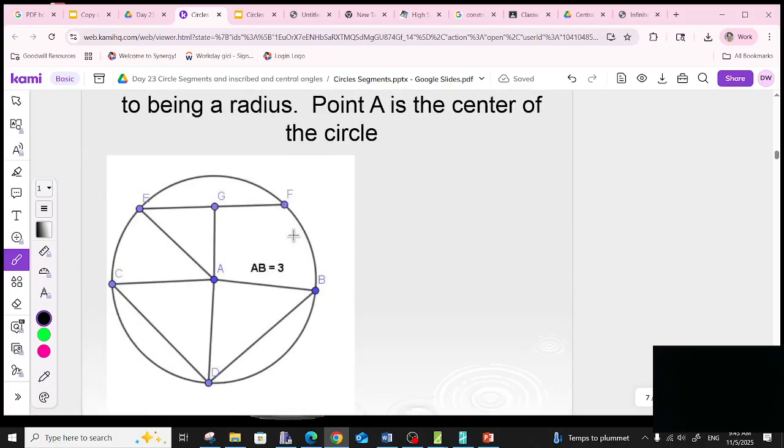Let's try this again since we were confused. So AB is 3 units. What other segments are 3 units? Well, ones that are drawn. 1, 2, 3, 4.